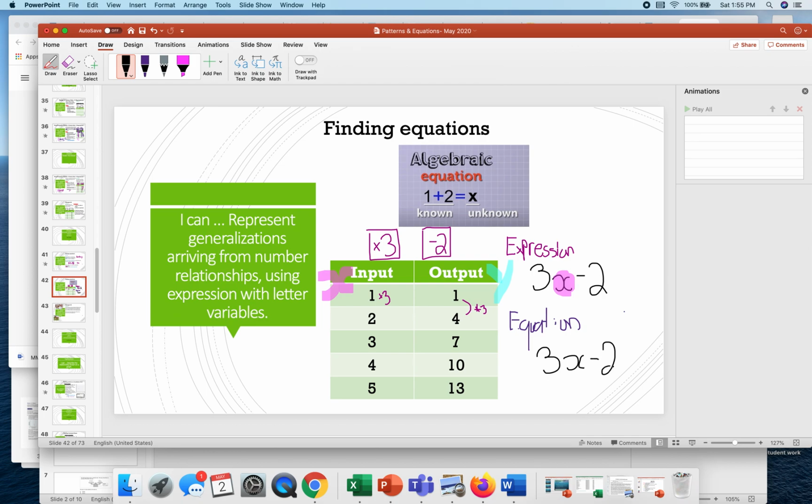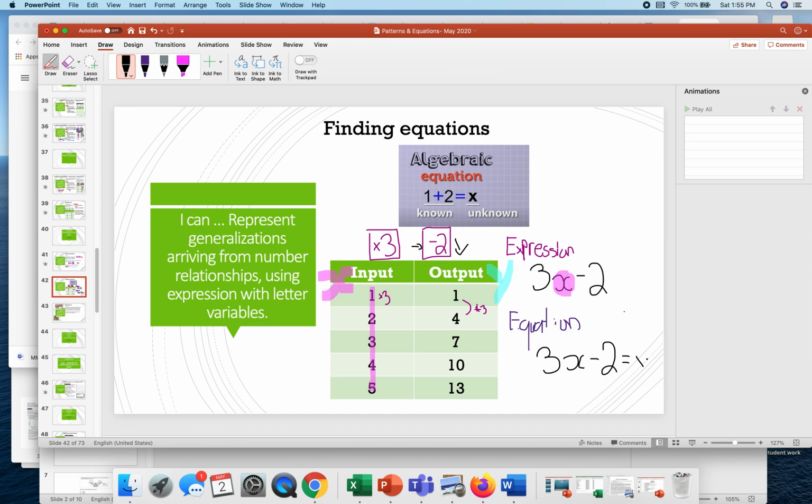So when we do 3 times our variable, which is x, so 3 times whatever we have in the input, then we subtract 2, we get the output. We get y.